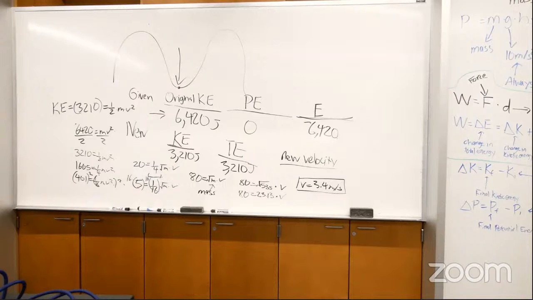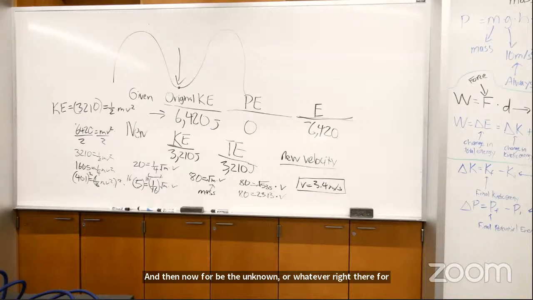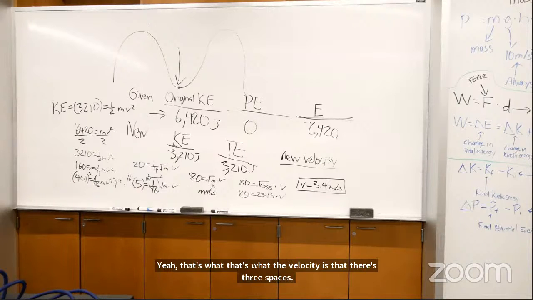You just put in your velocity for the unknown for B. There's 3 spaces. Your unknown is your kinetic energy, your thermal energy, and then your velocity. Oh, I already found all those.